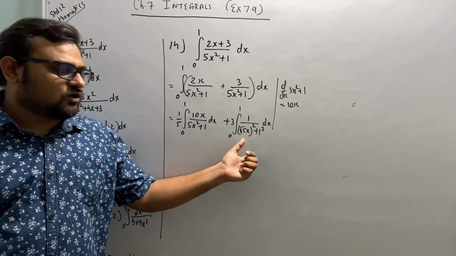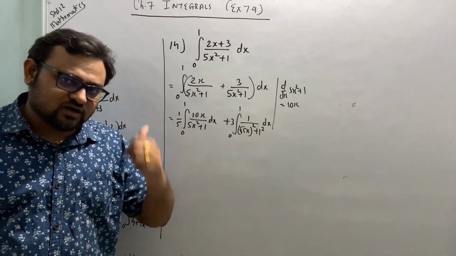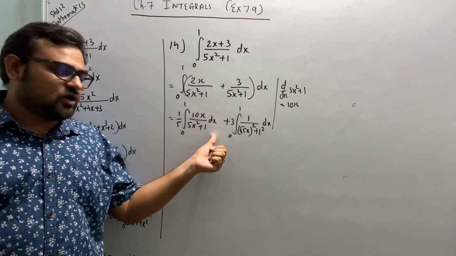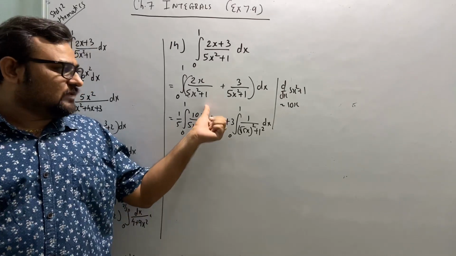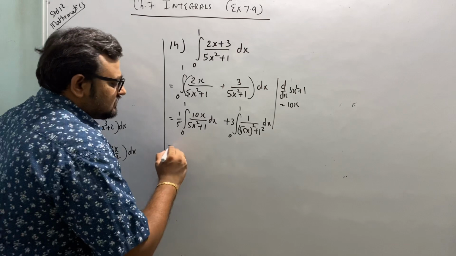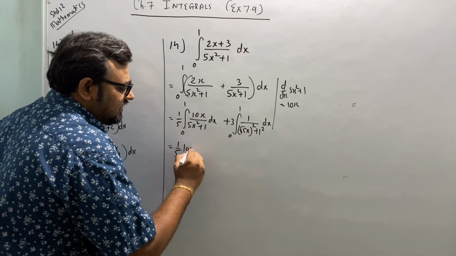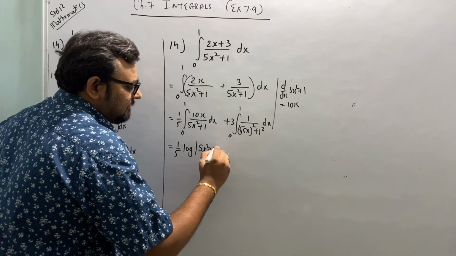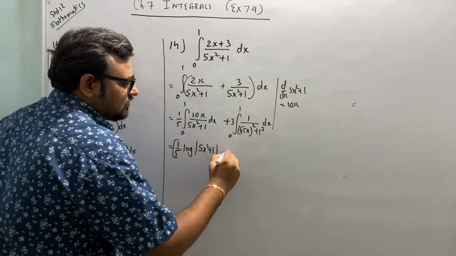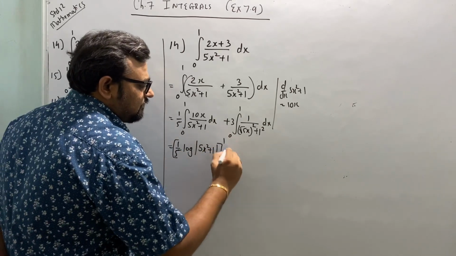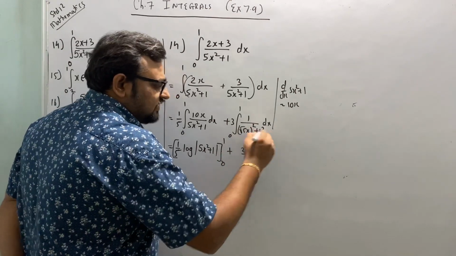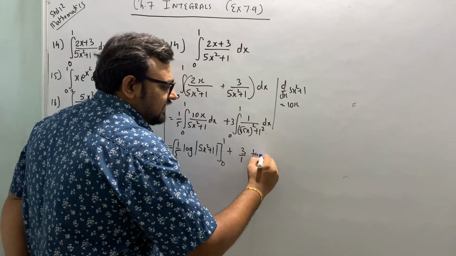This is the formula for tan inverse. And the first part is f dash x upon f x, so this will be log of f x: 1 by 5 log of (5x square plus 1), plus, for the second part, 1 by a, where a is 1, times tan inverse of x.